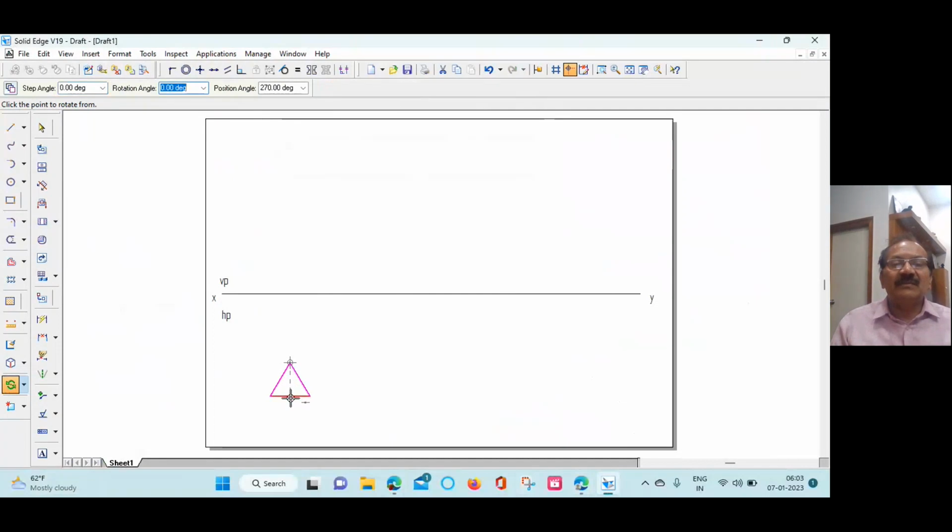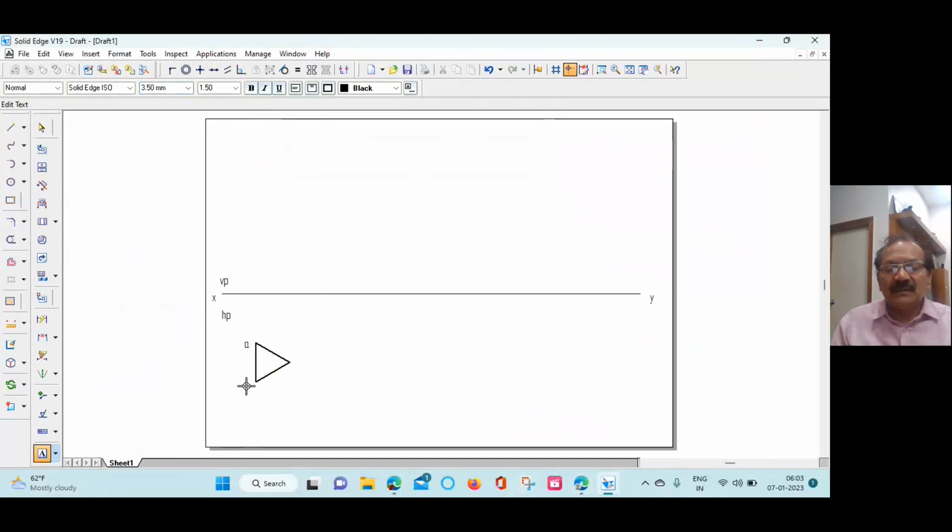Rotate it like this, so that this edge comes to your left side because it is resting on one of its edge. Then name it. So AB is the edge on which it is resting.